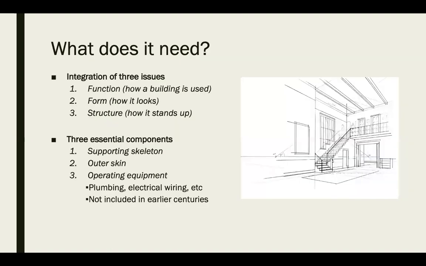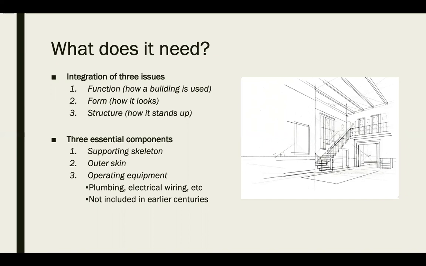So, going into what architecture needs in order to be considered architecture, you have to integrate these three issues of function, or how a building is used, form, how it looks, and structure, how it stands up. So really, without knowing that we're talking about architecture here, this sounds a lot like what we have already talked about with things like sculpture, painting and drawing.